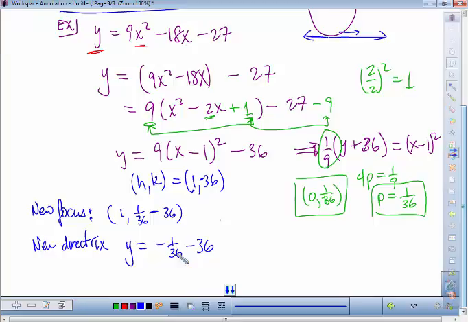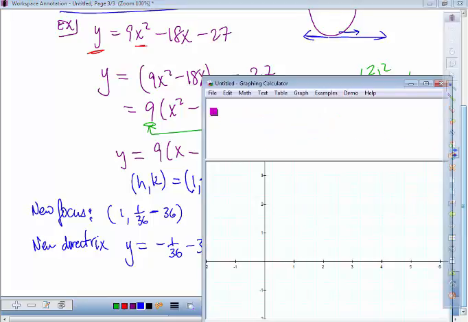Okay. Did I do it right? Let's take a look at a picture of this. My parabola looks like y is equal to 9x squared minus 18x minus 27.